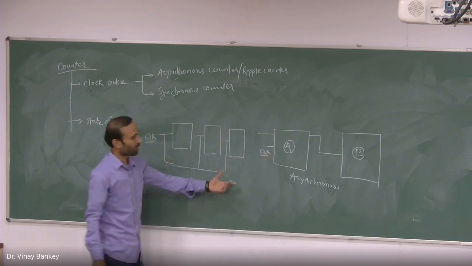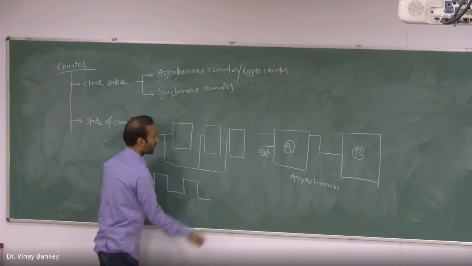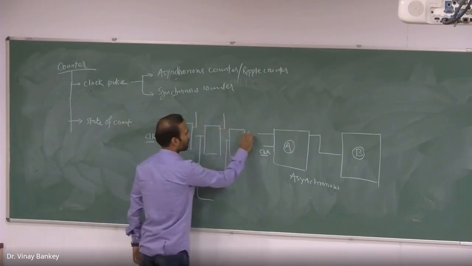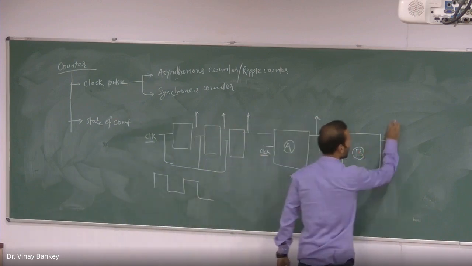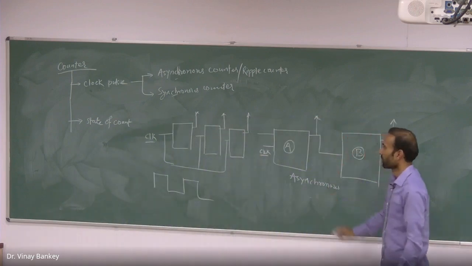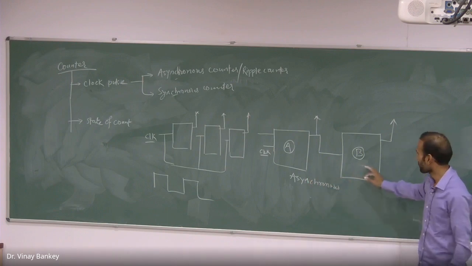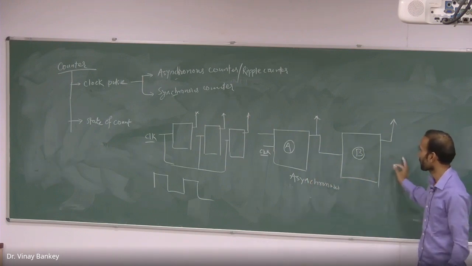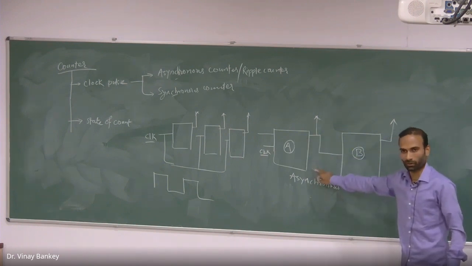Which one is fast? Now I applied this clock pulse; here you are obtaining the output at this stage. So obviously synchronous counter will be fast, because in the asynchronous counter the next flip-flop will only be active after the output of the previous one.